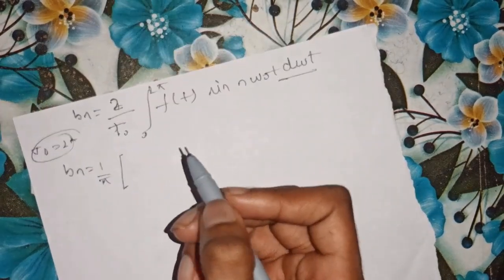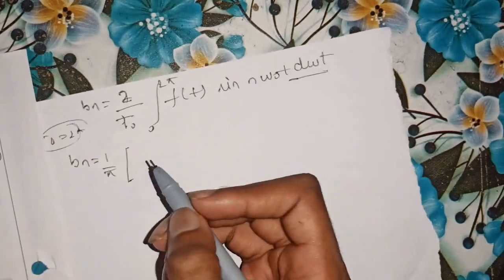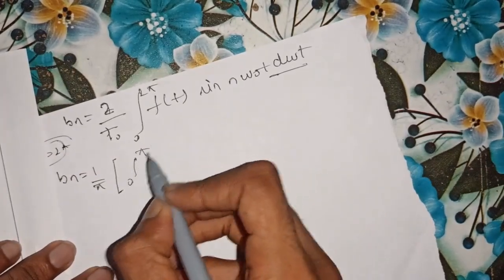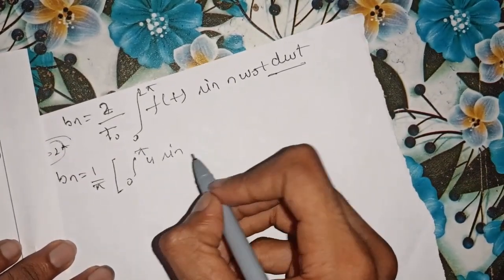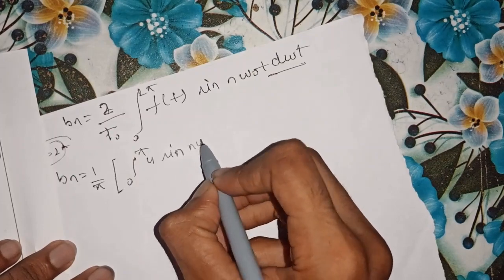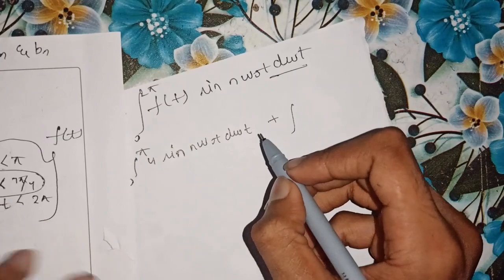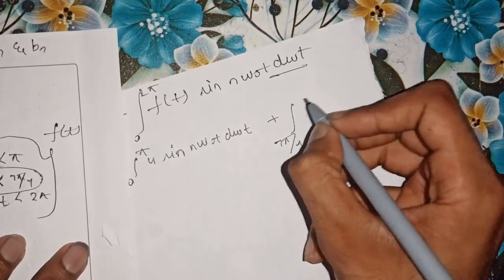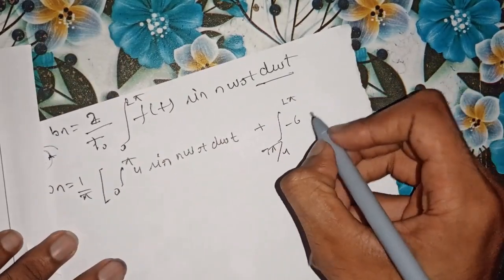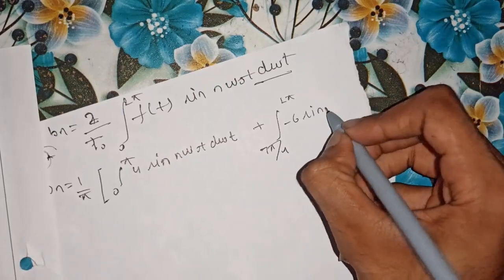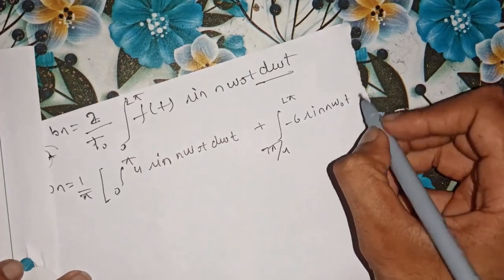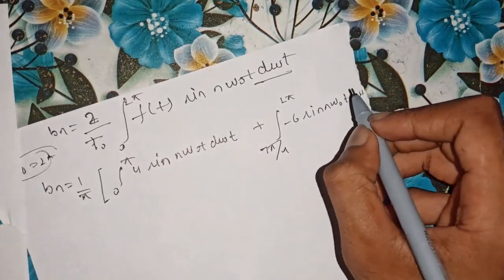Splitting the intervals, from 0 to pi we have 4 into sin n omega naught t d omega t, plus from 7 pi by 4 to 2 pi we have minus 6 sin n omega naught t times d omega t.